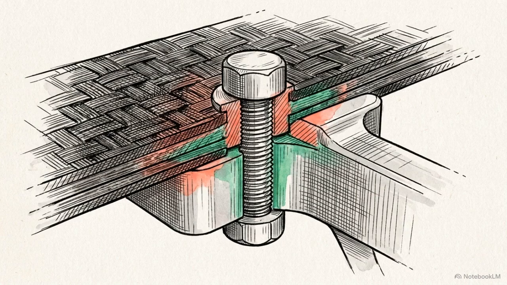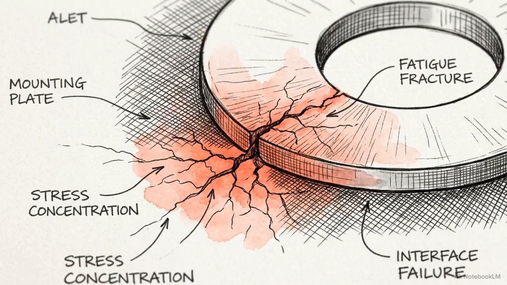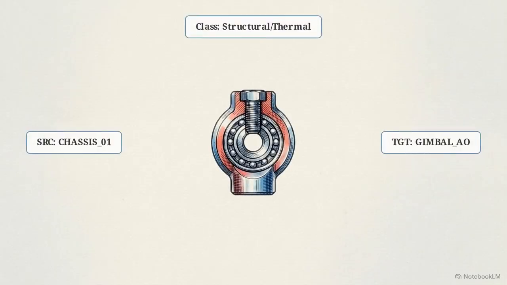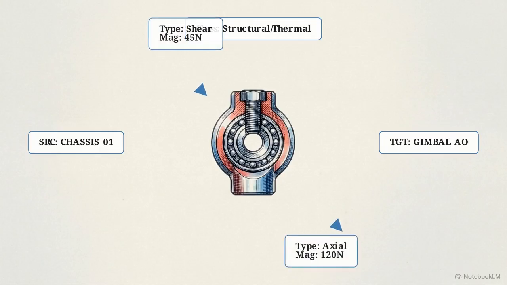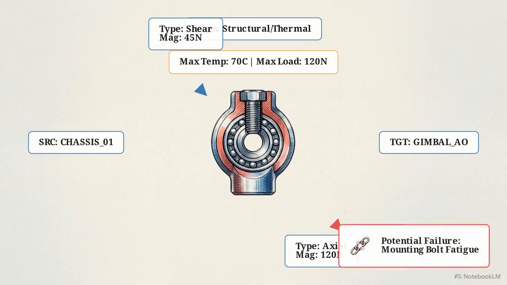Beyond the parts themselves, the model must map the boundaries of interaction. The physical interfaces between components are where most system failures originate. Modeling requires explicitly mapping the load types and magnitudes crossing these boundaries. This joint cross-section tracks distinct mechanical load vectors and thermal transfer paths interacting under operational stress.